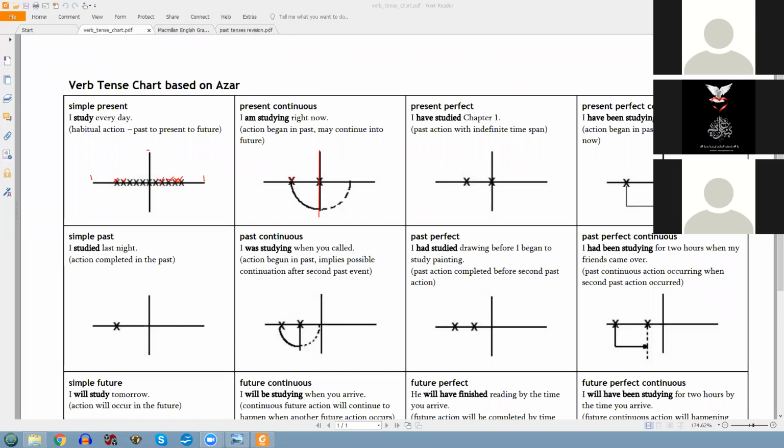Now, we can also use it for something else. Any ideas? In the future? I think we have a future continuous too, but it would become will be. Well, we can also use present continuous to talk about a possible future.